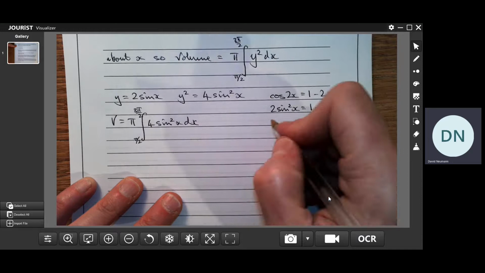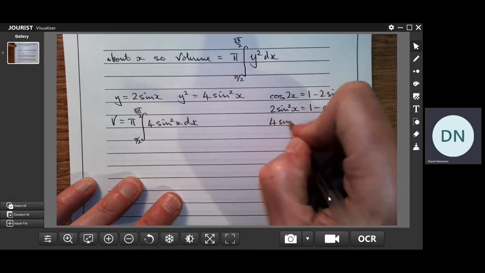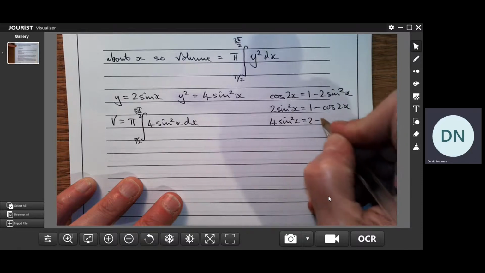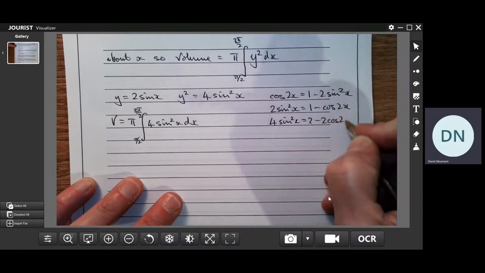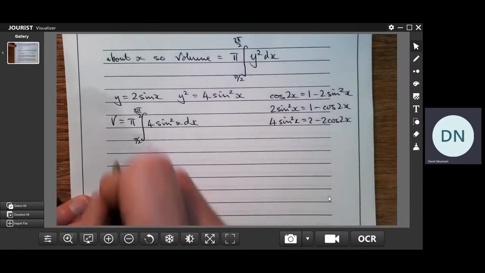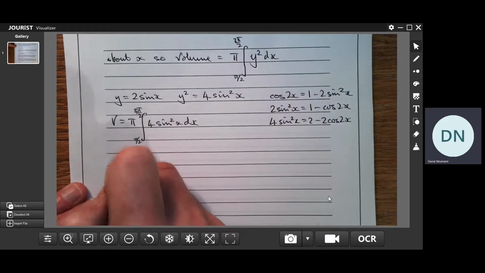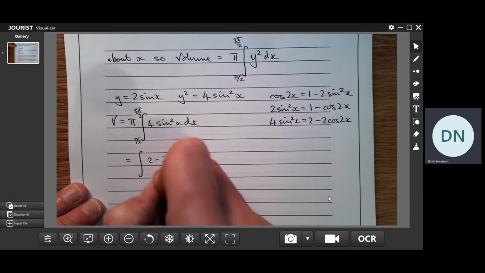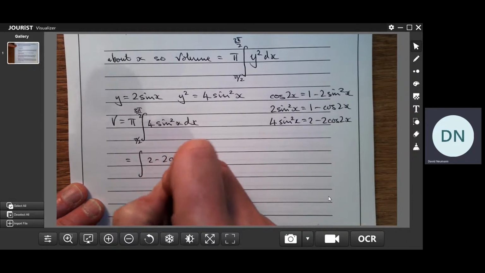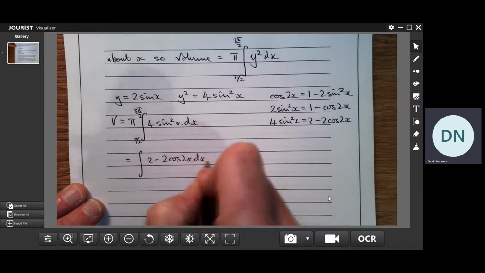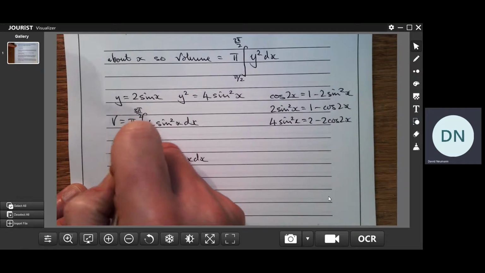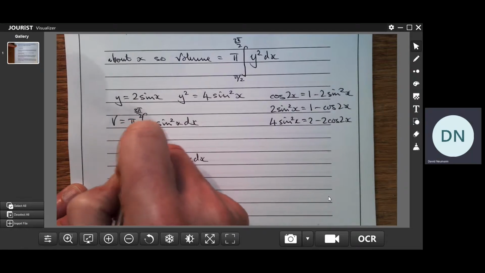So 4 sine squared x is going to be 2 minus 2 cos 2x. So this is equal to the integral of 2 minus 2 cos 2x dx from pi over 2 to 3 pi over 2.